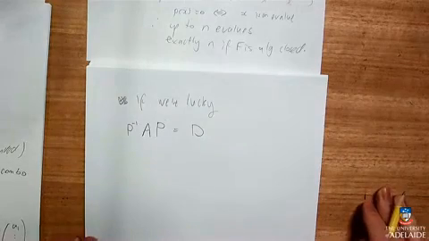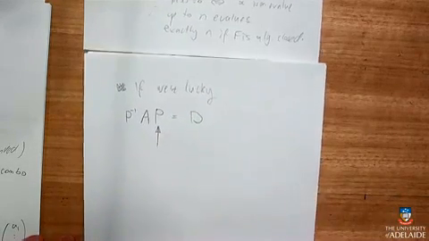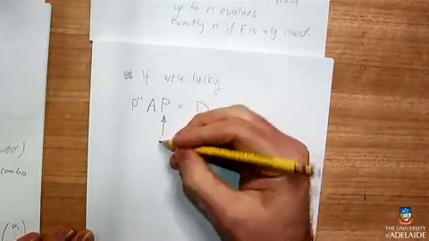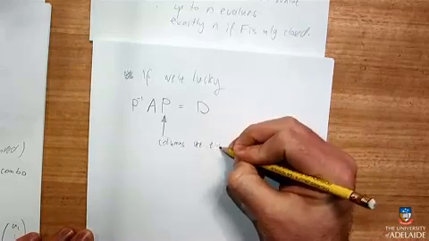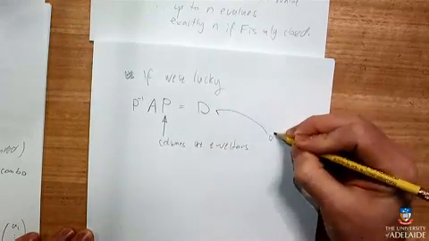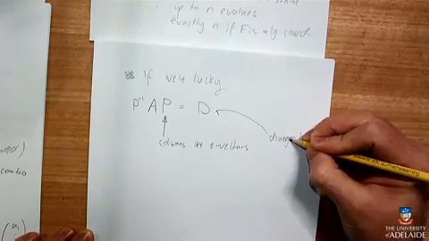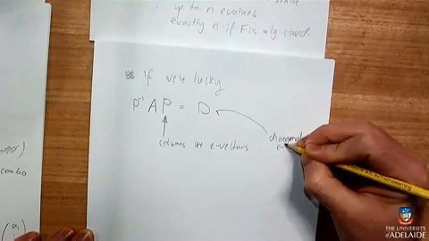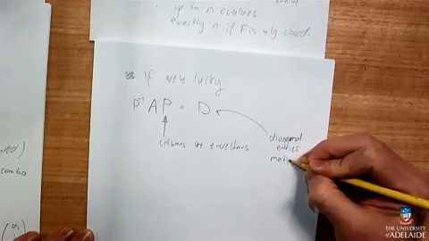The only way to make that happen is for this matrix to be made of eigenvectors, and this would have diagonal entries the matching eigenvalues.